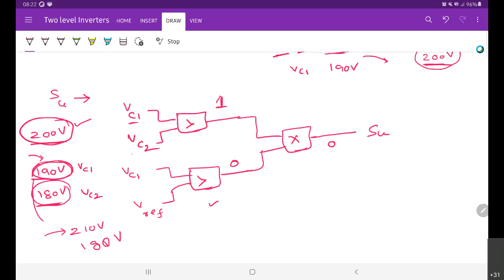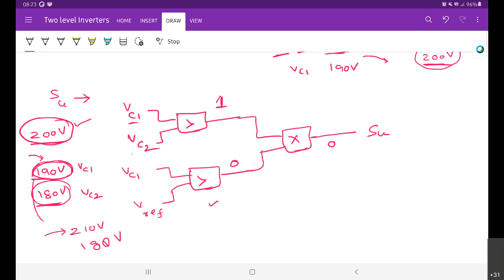Clear? So simple logic: if the first capacitor voltage is greater than the second capacitor voltage, we cannot blindly turn on the switch. We have another constraint, which says that capacitor VC1 must be equal to the reference voltage.